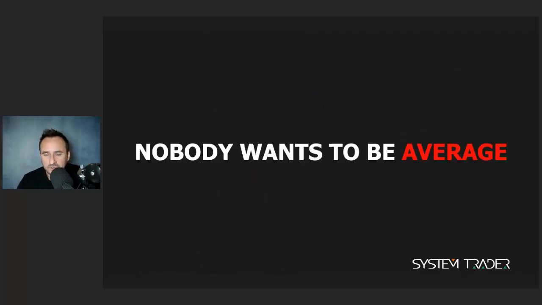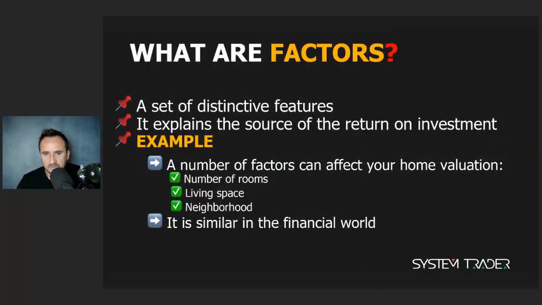Nobody wants to be average, as I said before. And therefore, because the market was going down in 2007 and 2009, factor ETFs became more popular. And what are the factors? So let's go from the very beginning.